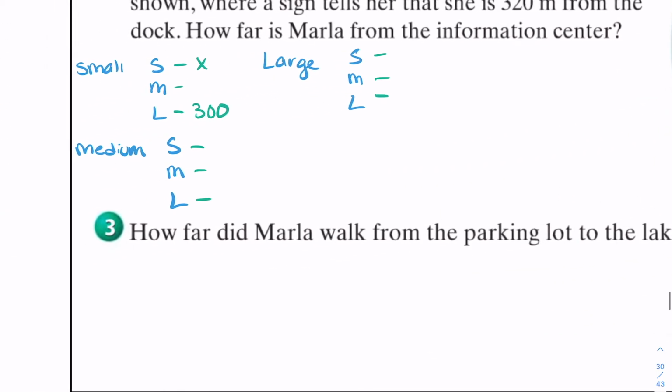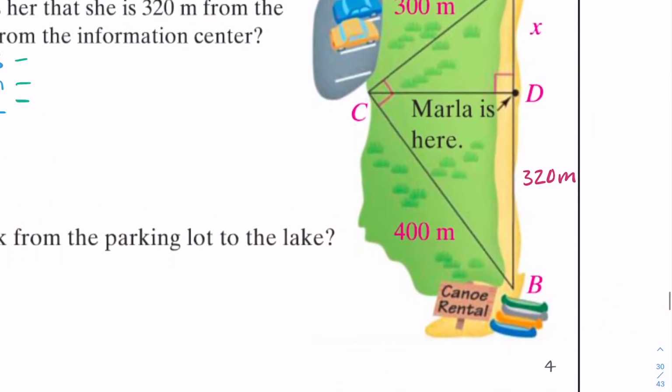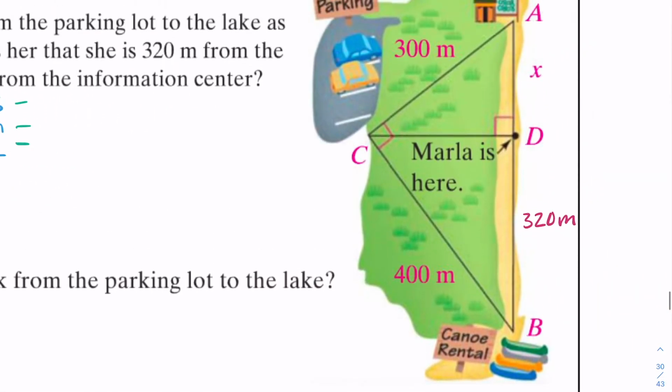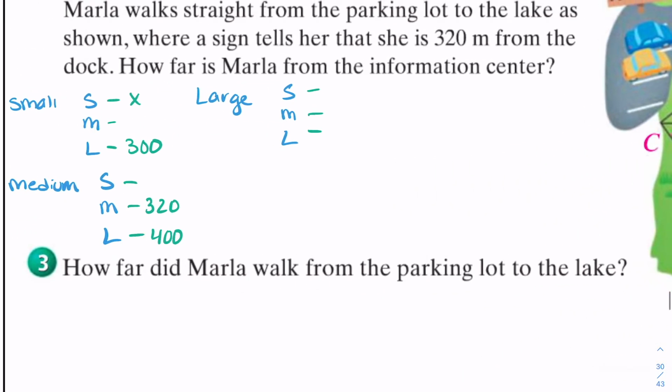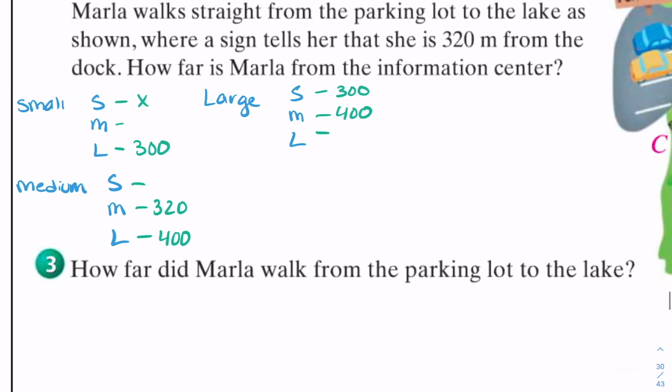So I have 320 and 400. And then the large one, we're given 300 and 400. So I'm given 300 and 400 as my small and medium. And I'm not given a lot, well, let's see.